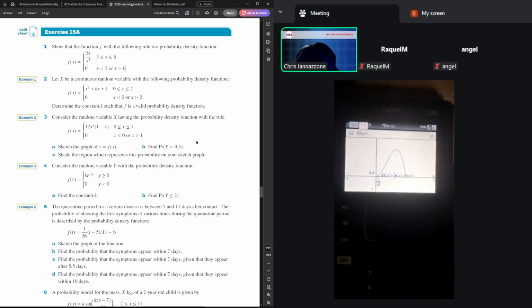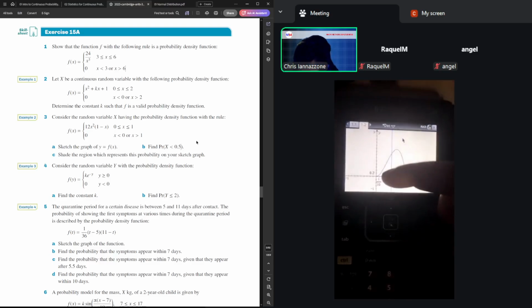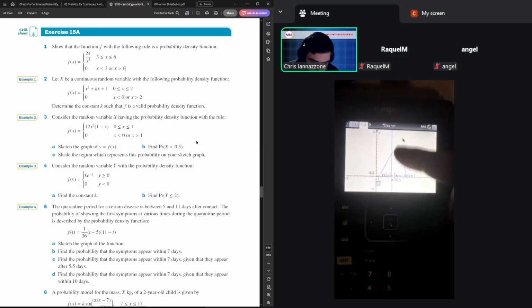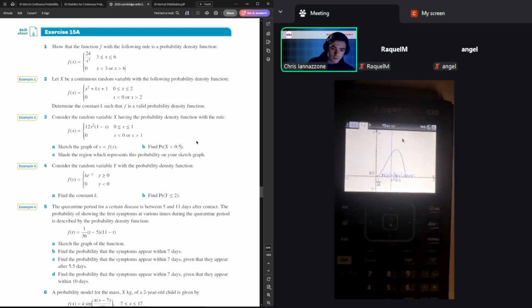In other words, we're trying to find the area contained from left to right up until this point here. Not going to be 50-50, even though the domain is from 0 to 1, because of the way that our function is lopsided. As a rough estimate, the area is going to be less than 50%, therefore the probability is going to be less than 50%.